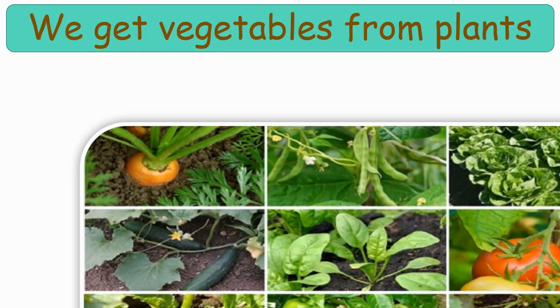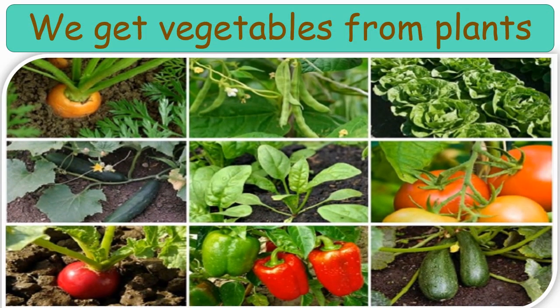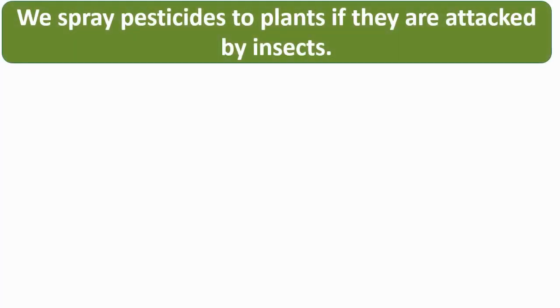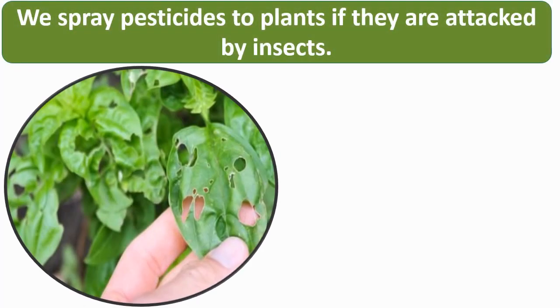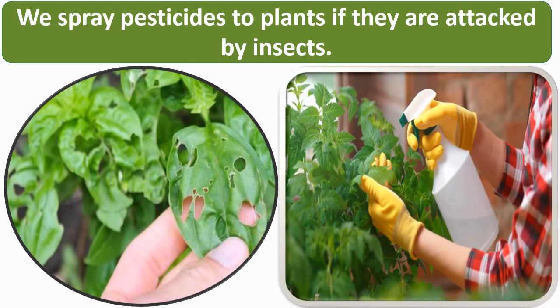We get vegetables from plants like tomato, capsicum, carrot, cauliflower, cucumber, etc. We spray pesticides on plants if they are attacked by insects. Pesticides are substances that are meant to control pests, to kill insects which are destroying the growing plants.